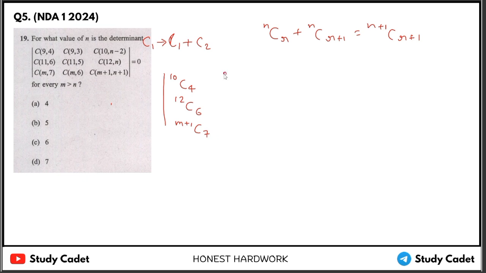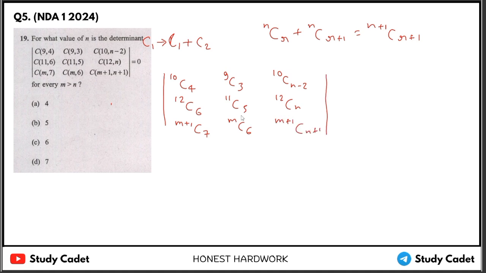And here we have 9C3, 11C5, mC6, and 10C(n-2), 12Cn, (m+1)C(n+1).